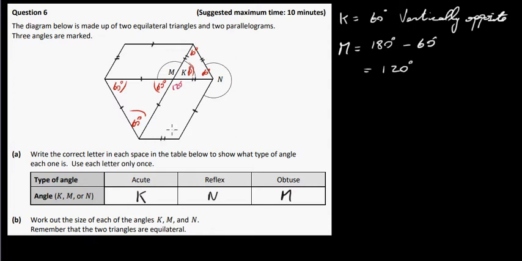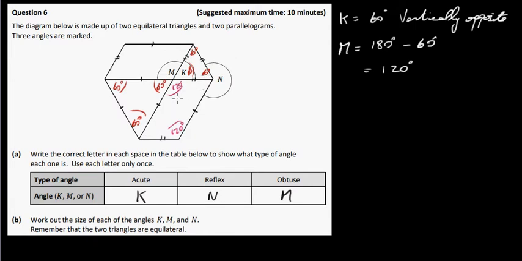So if that's 120, this must be 120 here. Opposite sides and opposite angles of a parallelogram are equal. So if these two are 120, these two here must be equal as well.